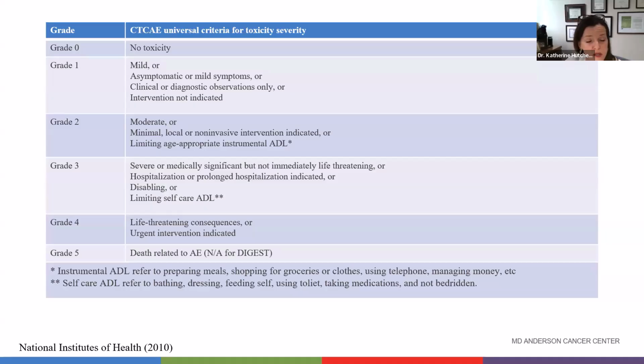Like in a modified barium swallow study, you're doing a swallow study and you're saying to yourself, this patient needs to go to the emergency center to immediately have a feeding tube placed because they're not really safe to leave the institution swallowing like this for a few more days. And then grade 5, which isn't relevant to the results of a modified barium swallow study, was death related to the adverse event. And so we used this framework as the basis for the content validation or the benchmarking of the MBS results when developing Digest.